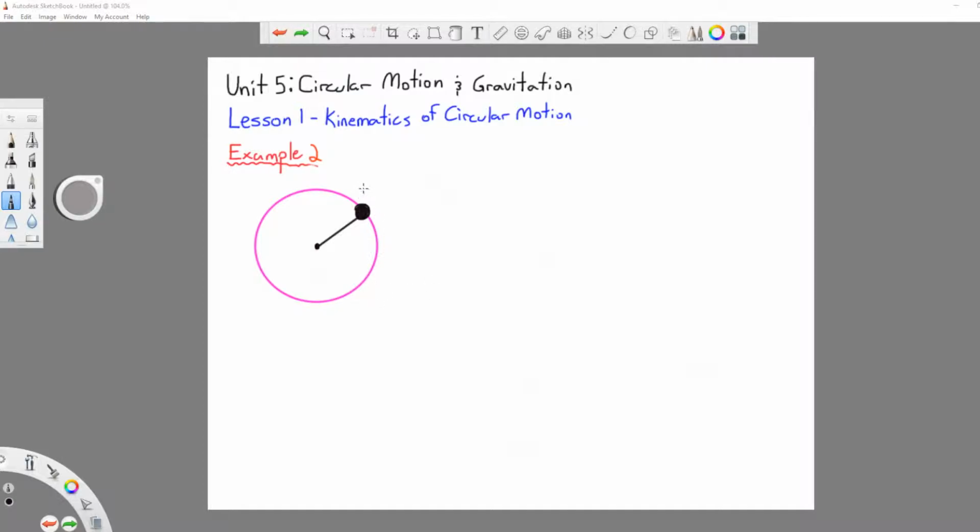Now, we talked about in lesson 1 the velocity of an object spinning around a central point. The velocity is going to be tangent to where it is. Well, the thing with centripetal acceleration is that since this object is always spinning around the mass, its direction is constantly changing.